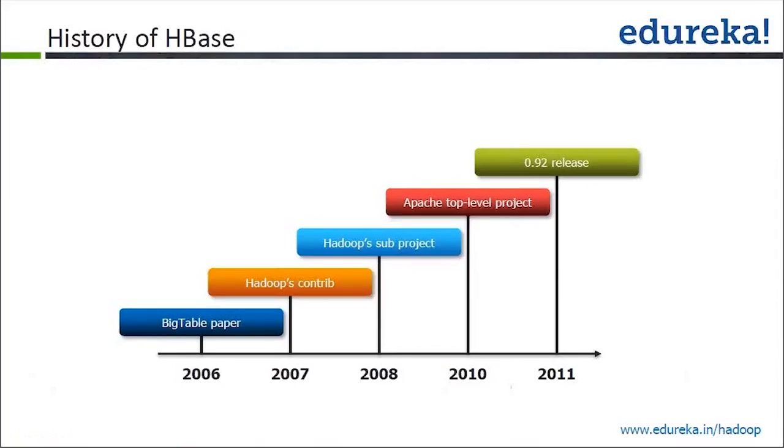So now let's get started with HBase, because the focus of this class in terms of our understanding of the NoSQL database will be HBase. As I told, HBase is called the Hadoop database, and some people call it a key value database as well.